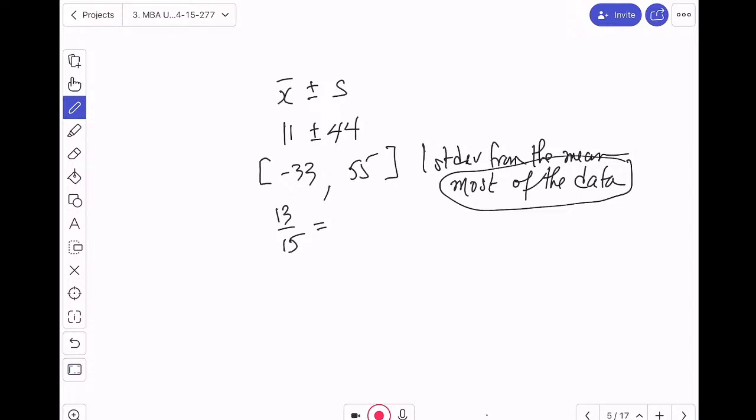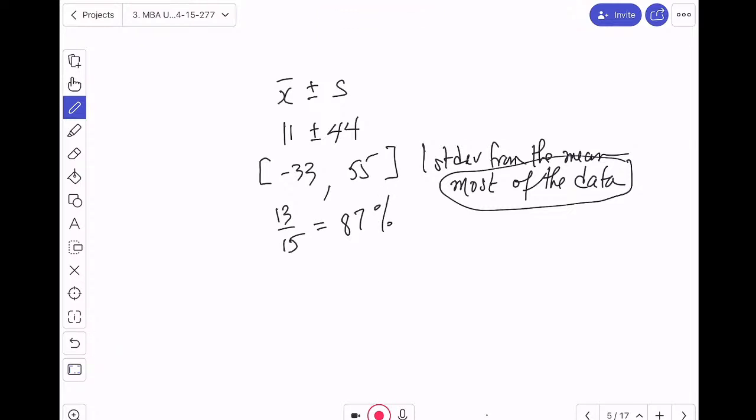This is like the net that we're casting. So that's what a standard deviation can give you.